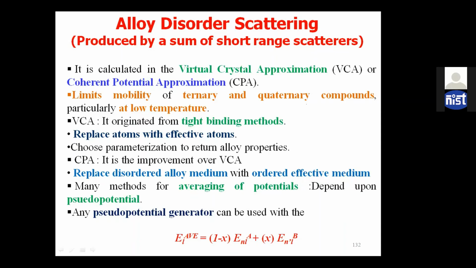For example, you take a material in which this part is all GaAs and this part is AlGaAs. Here in AlGaAs there is alloy concentration x, so you can get alloy scattering in the barrier. But there are other structures where you can also get alloy scattering in the well itself.